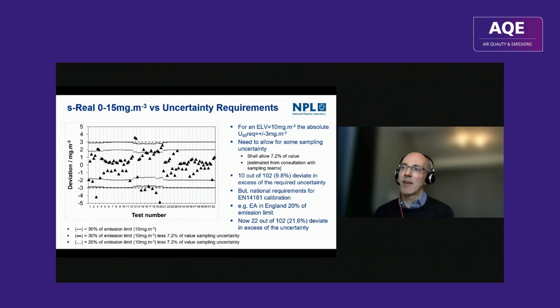So if we take a 7.2% sampling uncertainty away from the overall method uncertainty, then we can see how much is left for the analysis step, and how much we need to make sure the analysis step doesn't deviate if the overall method is going to comply. If we take that 7.2% sampling uncertainty away from 30% of the emission limit value, we get the solid black line.